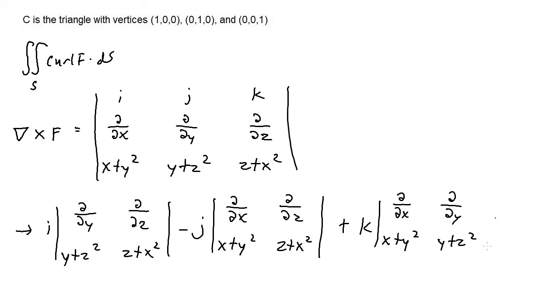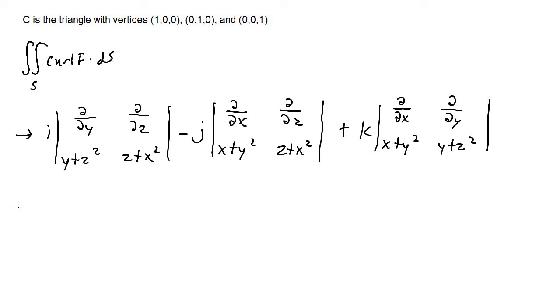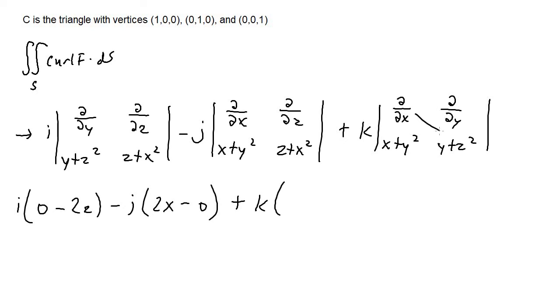So now I can go ahead and cross multiply, so we get i times, now the partial derivative with respect to y of z plus x squared is 0, minus partial derivative with respect to z of y plus z squared is 2z, minus j times partial derivative with respect to x of z plus x squared is 2x, minus partial derivative with respect to z of x plus y squared is going to be 0, since there's no z variable, and then plus k times partial derivative with respect to x of y plus z squared is 0, since there's no x variable, and then minus partial derivative with respect to y of x plus y squared is going to be 2y.